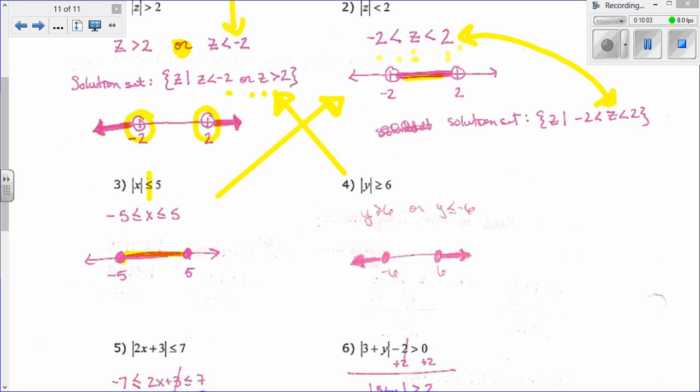So I have y is greater than or equal to 6, or y is less than or equal to negative 6. If I put this on my number line, y is greater than 6 goes this way, y is less than negative 6 goes that way, and again, notice my inequalities are pointing and shading the same way as my symbols up here.